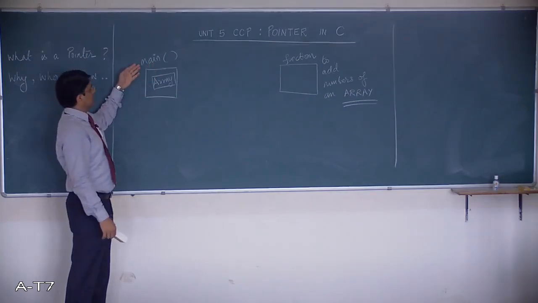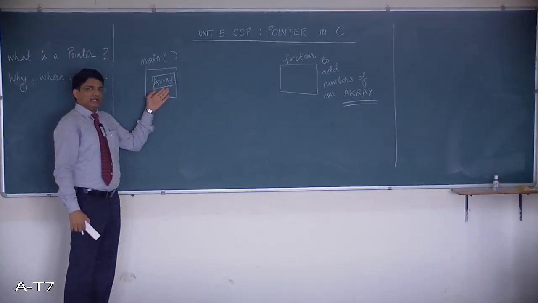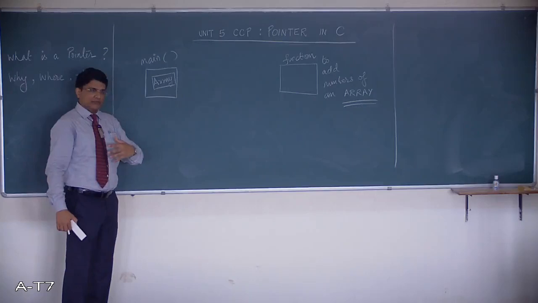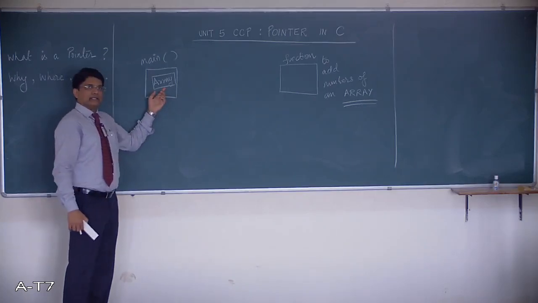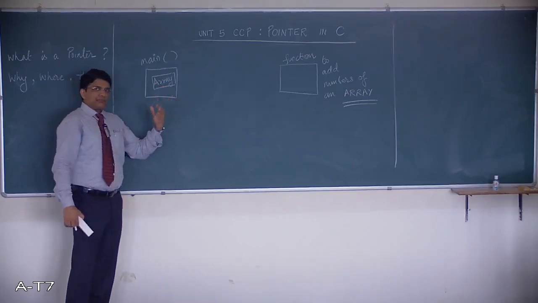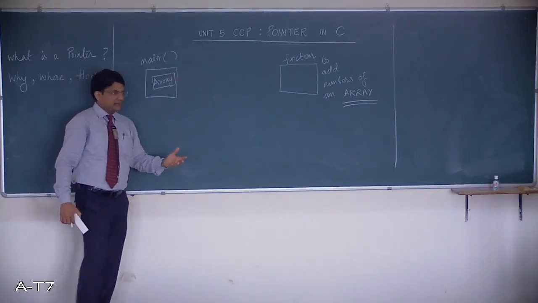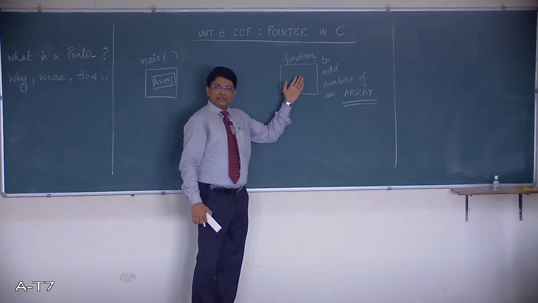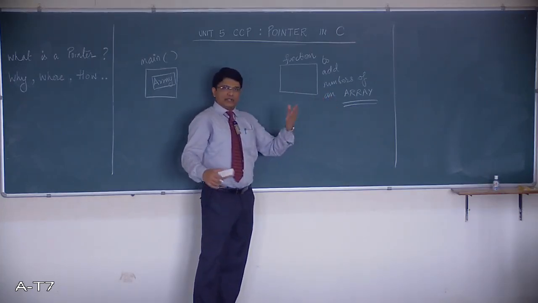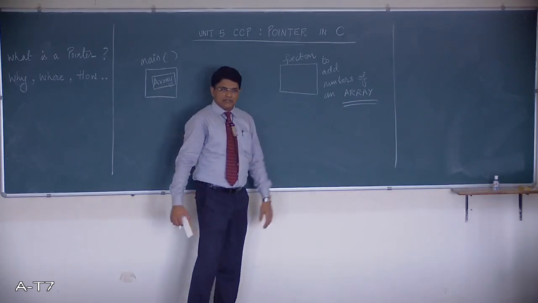You are already aware what a main function is. Inside the main function, we have taken maybe 10 or 20 or n numbers from the user and stored them inside one array. And now we have written another function. This is a user-defined function which would add the numbers of an array and give me the result.